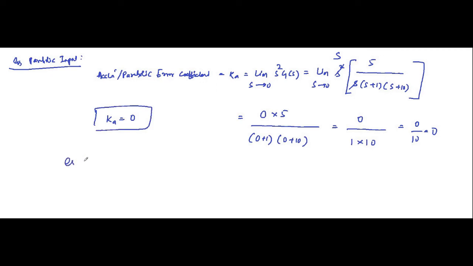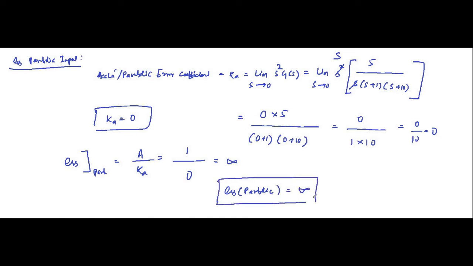Now the steady state error due to parabolic input is equal to A by Ka. Here it is unit parabolic, so A is equal to 1, Ka is equal to 0 as we have calculated, so it is equal to infinity. So the steady state error due to parabolic input is equal to infinity.